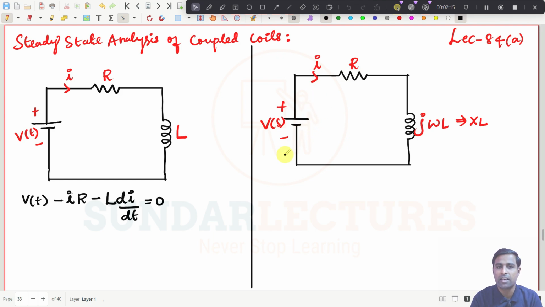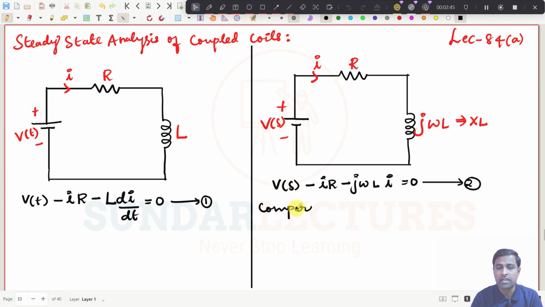The current is traveling from minus to plus, so it is V of S minus I into R, and then this current is coming here, so minus j omega L into this current I, which is equal to 0. Make this expression number 1 and this expression number 2, and compare expression 1 and expression 2.